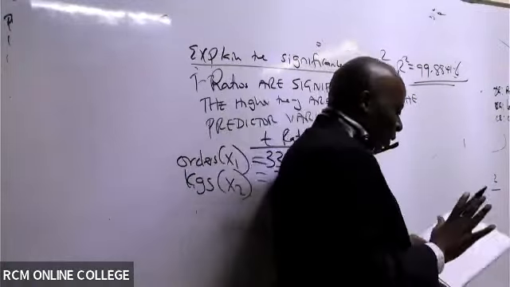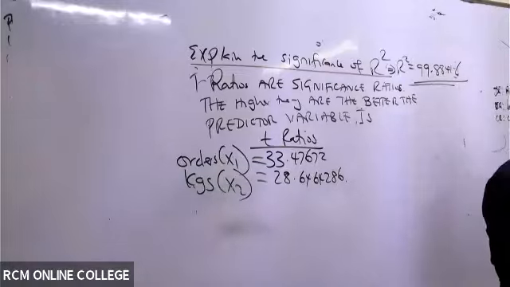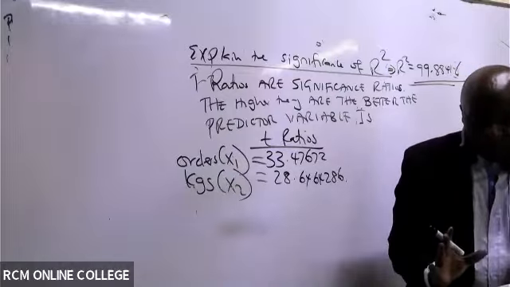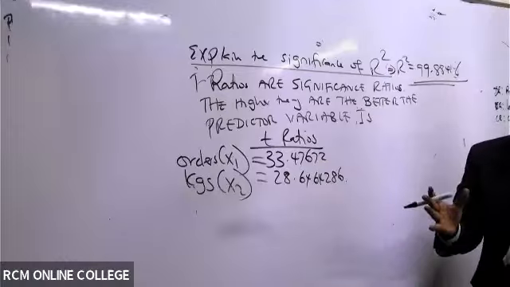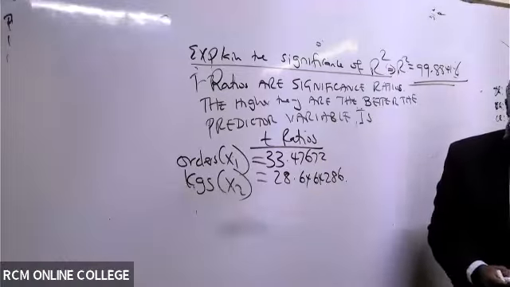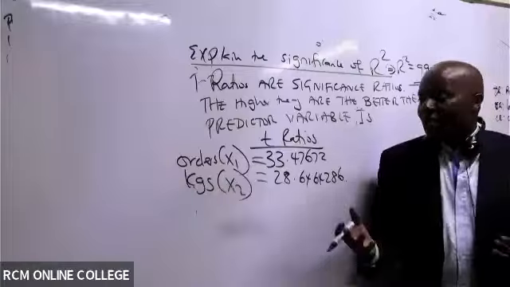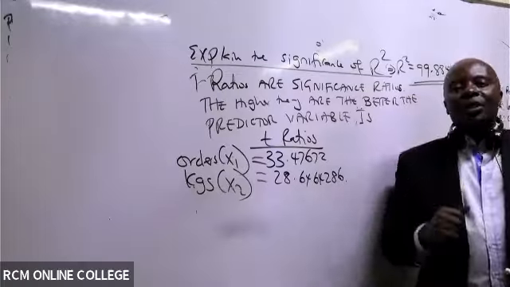Let's read the question again. Number 5. Based on the T ratio value, explain whether the number of orders or the number of kilograms is more significant in predicting the total material handling cost. Between the two, which one is more significant? Both of them are really significant, but which one has a higher significance level?